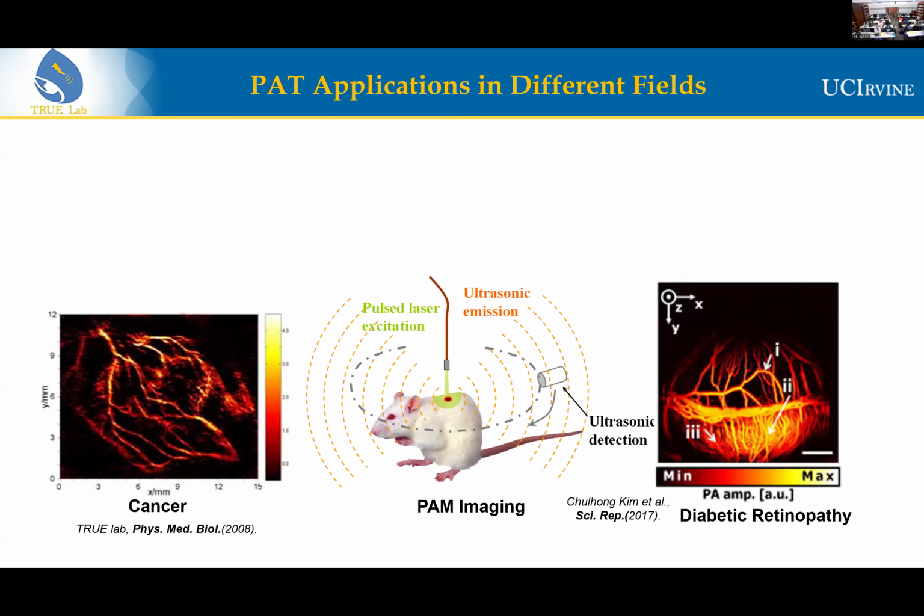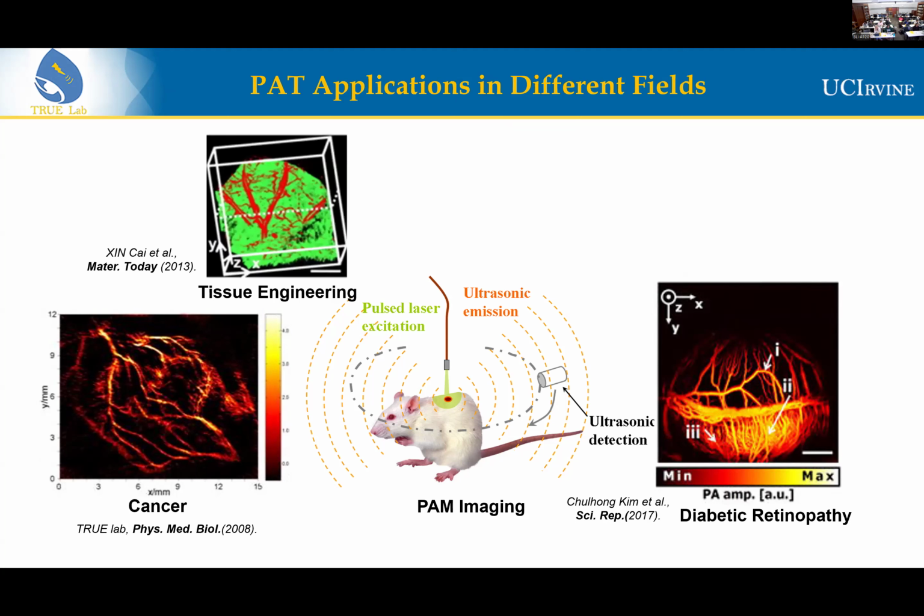And the second application, I think we can also visualize these retina microvessels. But in my opinion, it's very hard to beat OCT, right? Because OCT pretty much can do the same thing, but you don't need an ultrasound transducer for that.